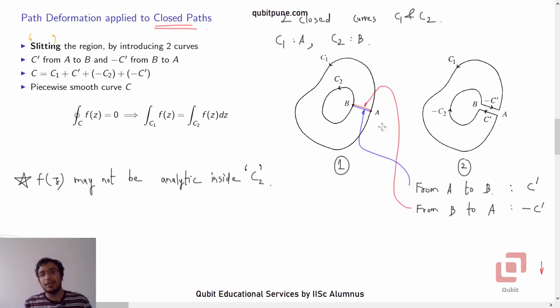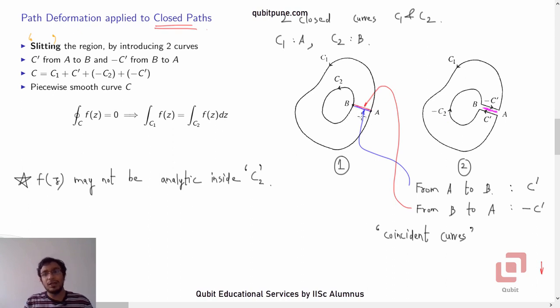Now note that these are coincident curves, meaning although in these two figures you will find a tiny gap between these two curves, which I'll highlight in the pink color, in reality there is no such gap. Both the curves are coincident.